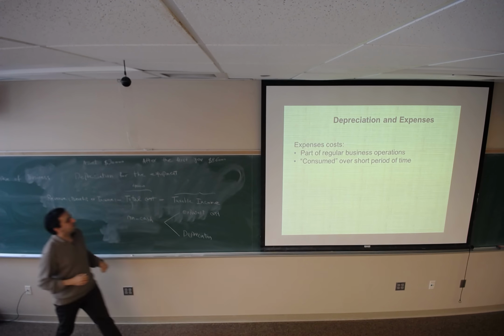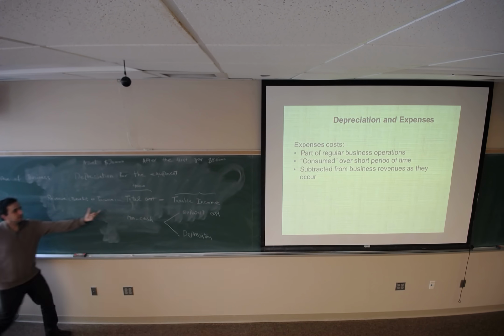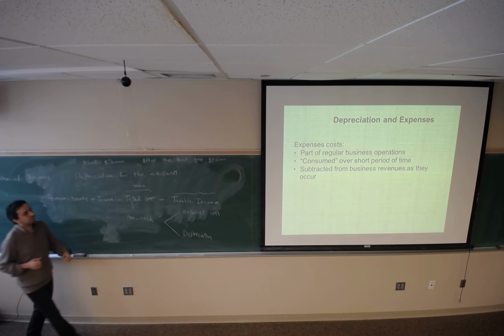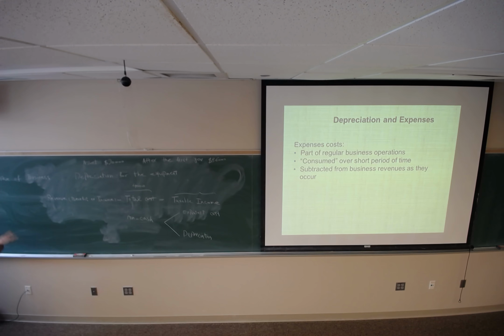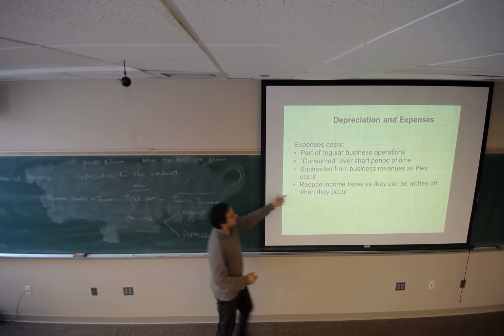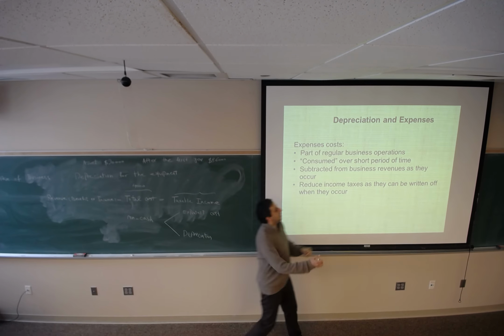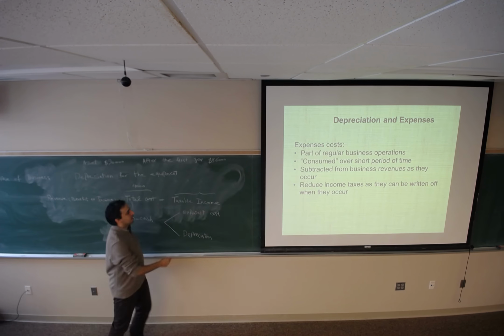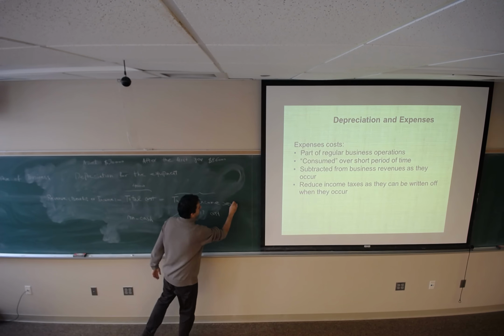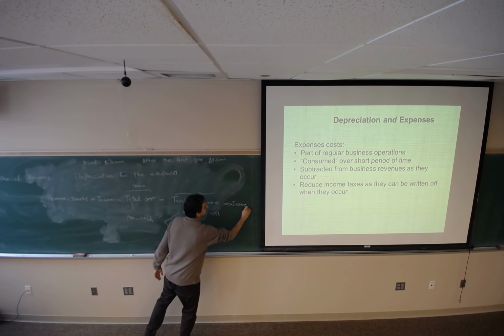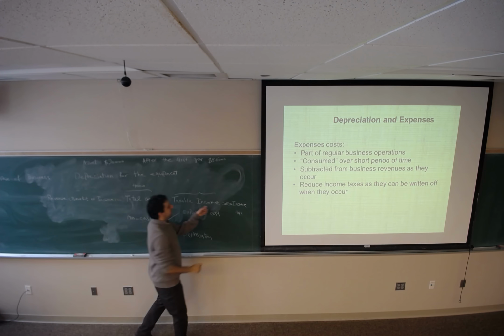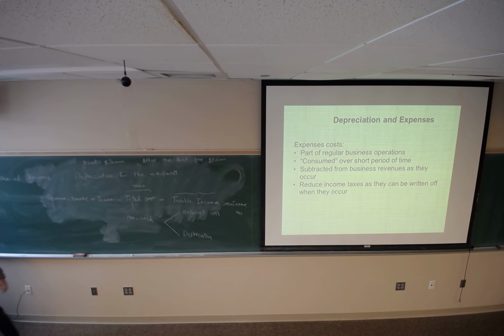When they occur, you can bring it here as part of total cost and subtract from the business revenue. It's going to decrease taxable income and at the end income tax. So income tax is calculated based on this taxable income. Labor, utility, materials, insurance, and others.